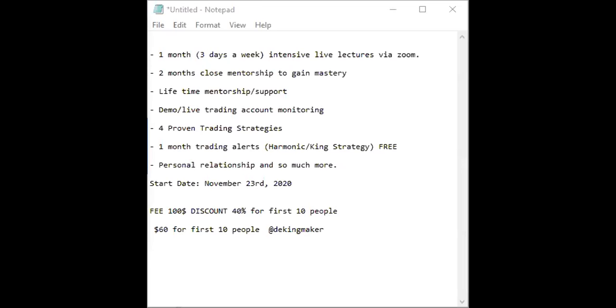For example, you want to trade Euro card. The alert will come to your phone. Based on the strategy, it will tell you that there is a cross on Euro card. Once it alerts you, you can open your MT4, then check it, look at it based on the strategy.